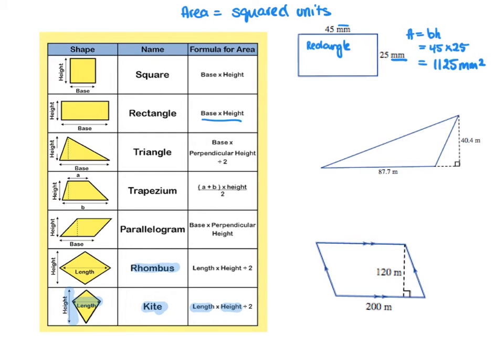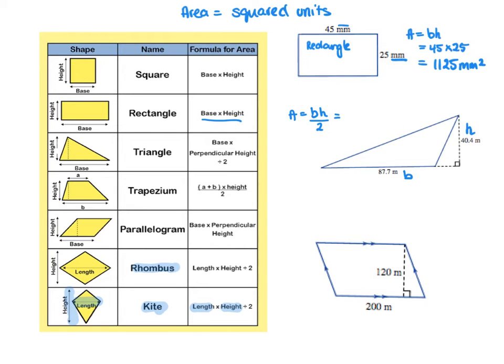Okay, with this next one, I can see it's a triangle, and they have given me here is the height, and along here they've given me the base. So if I go and write the formula for a triangle, it says it's the base times the height divided by 2.